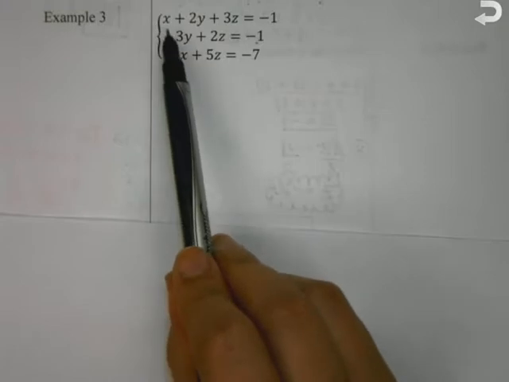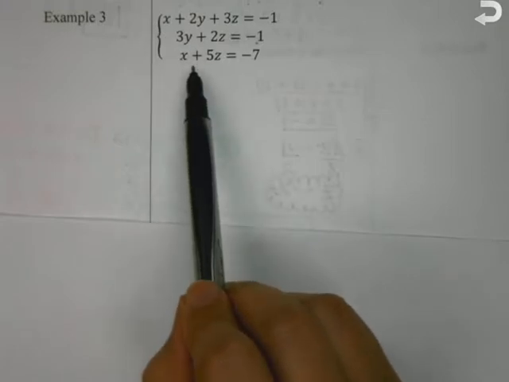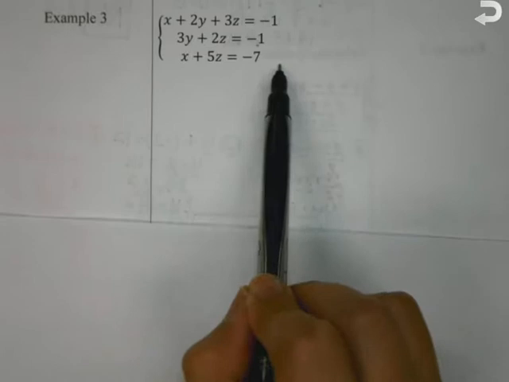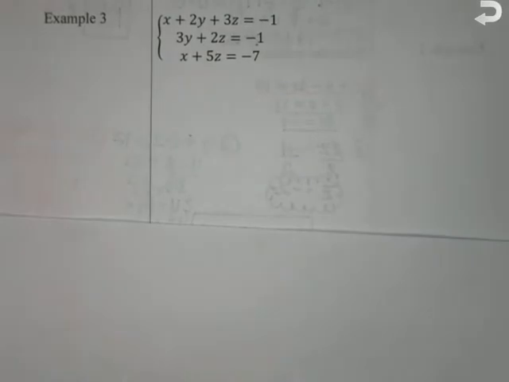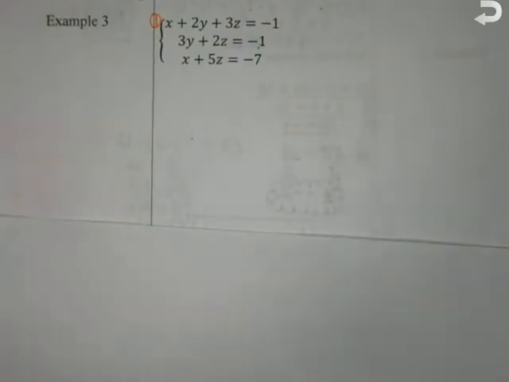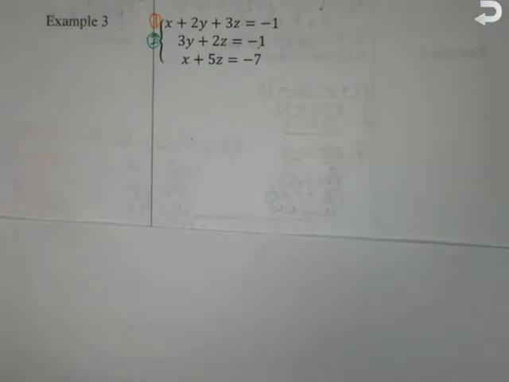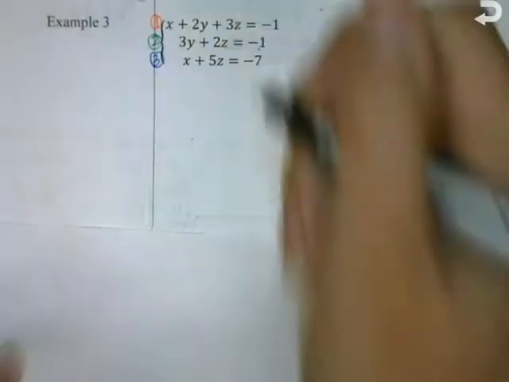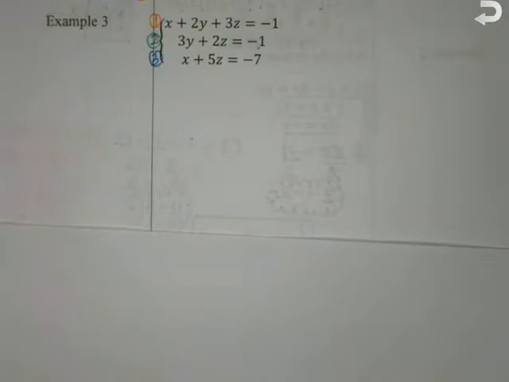So what we're going to do is label each of the equations 1, 2, and 3. Okay, and let's start working. Step 1 says we want to pair two of the equations together to cancel out one of the variables.